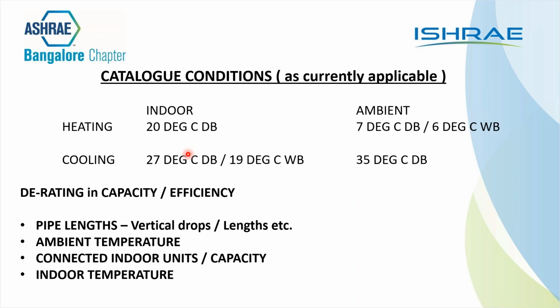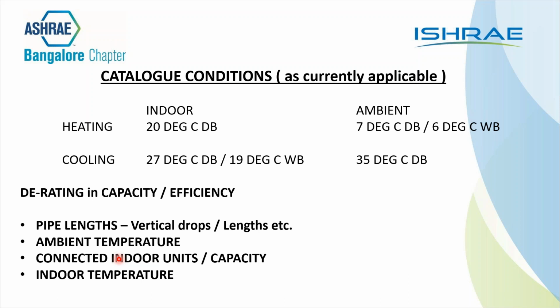It would derate itself. So deration depends on your pipelines, your ambient temperature, the connected capacity between indoor unit and outdoor unit, and also the required conditions inside. These are the factors which need to be considered when you consider diversity. The deration has to be considered when you consider the diversity, which is very, very important.